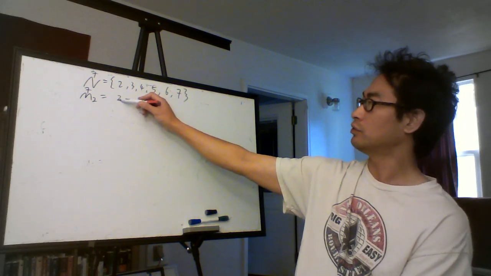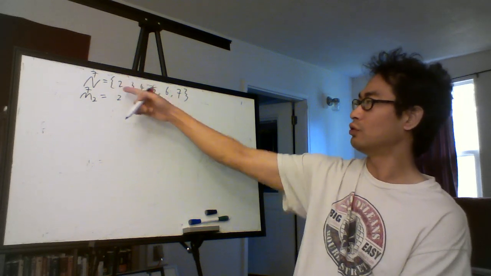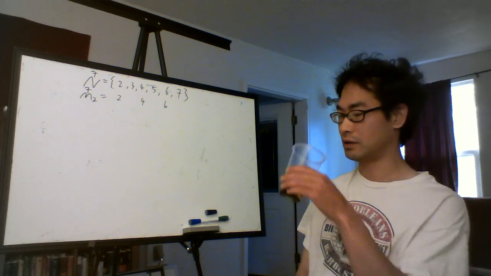So we have 2, 4, 6. We don't write commas, and we don't use curly brackets. It's so unnecessary.